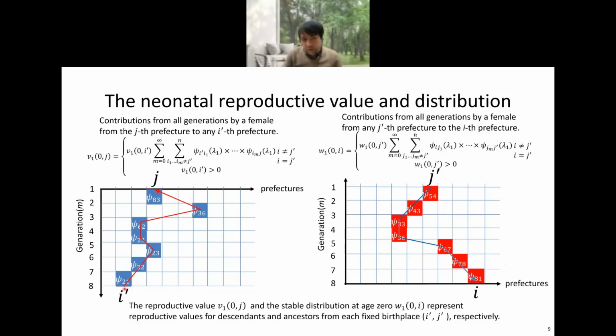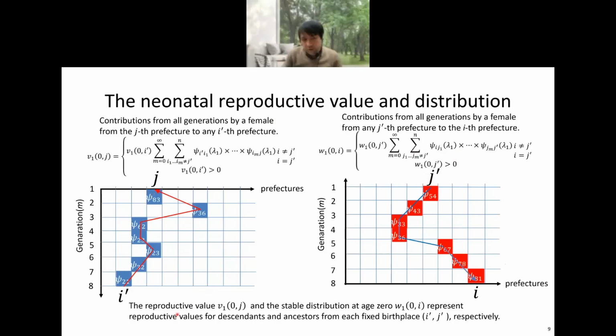And the right eigenvector also represents contributions from all generations by a female from any J prime prefecture to I's prefecture.